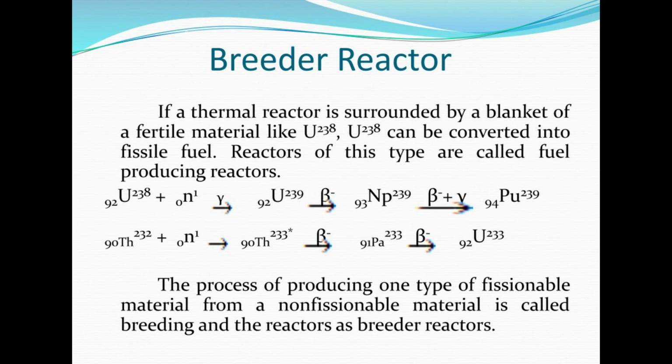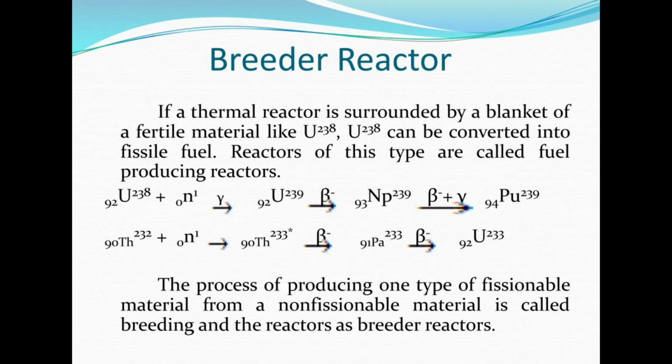Breeder reactor. If a thermal reactor is surrounded by a blanket of fertile material uranium-238, uranium-238 can be converted into fissile fuel. Reactors of this type are called fuel-producing reactors. In the first reaction, uranium-238 is converted to fissionable plutonium-239.